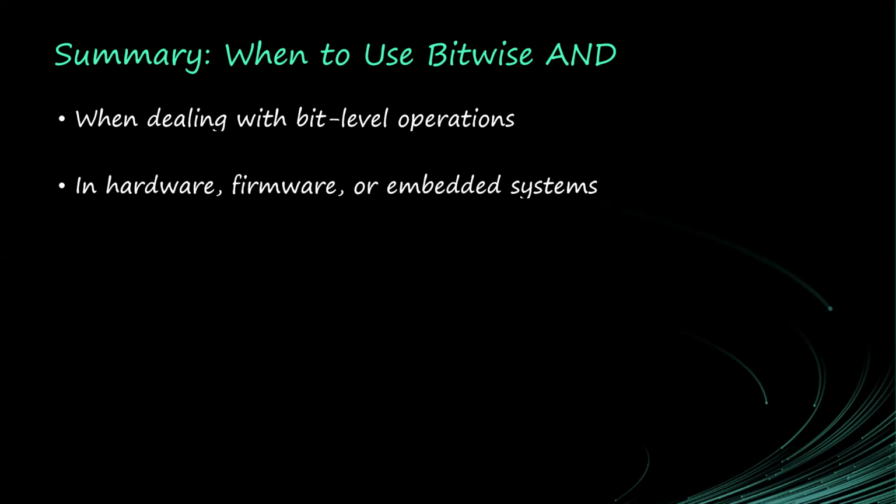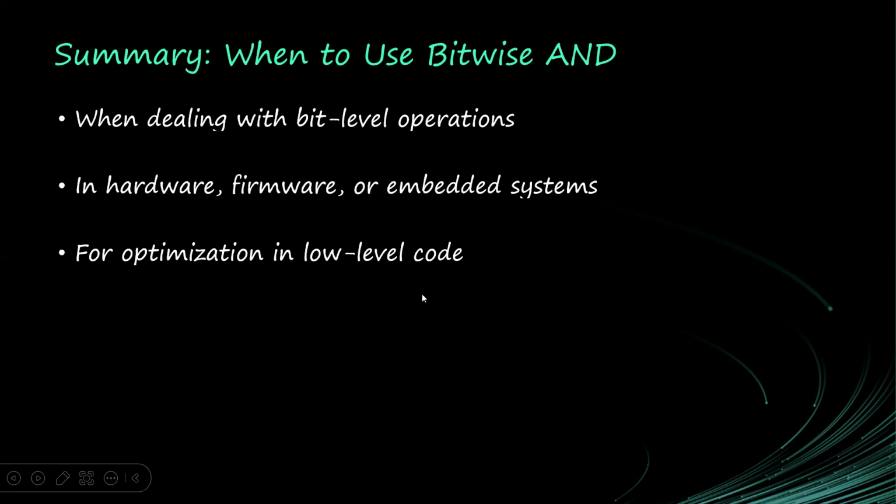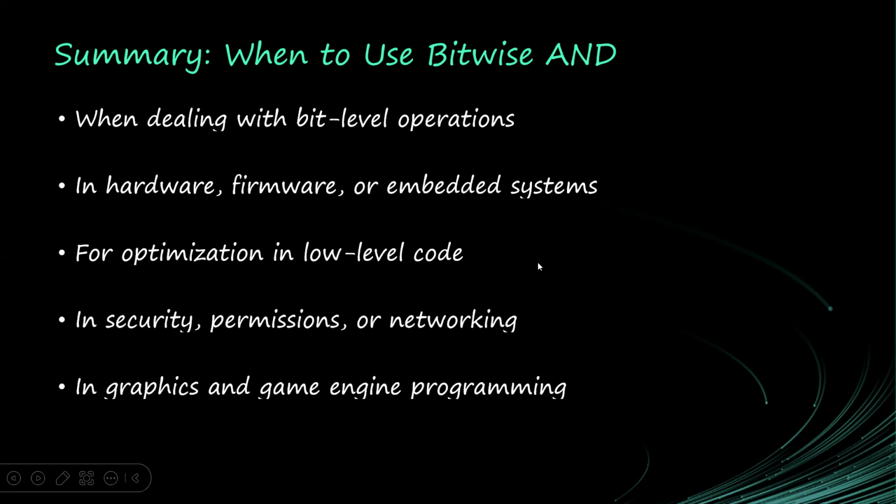In hardware, firmware, and embedded systems, this is where you use bitwise AND. Also for optimization in low-level code, in security permissions or networking, in graphics and in game engine programming. So when you get to graphics or game engines, you're going to be using these bitwise operators.